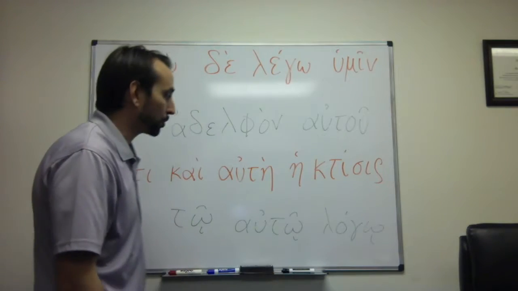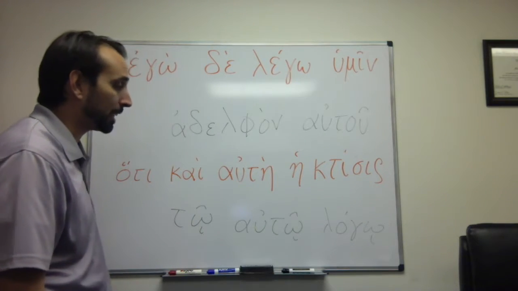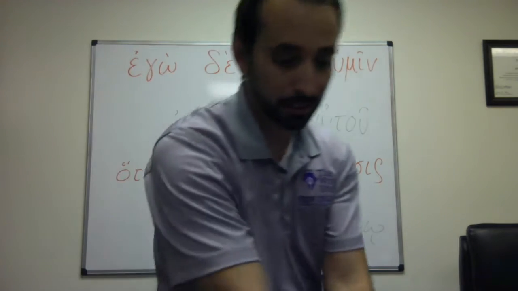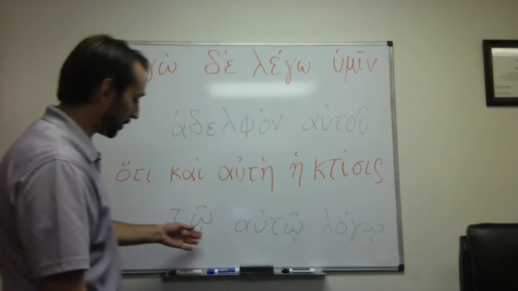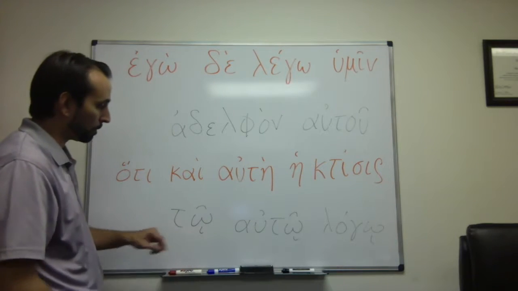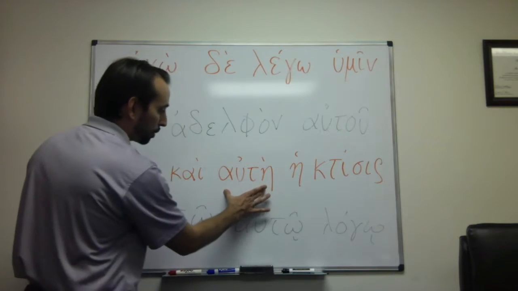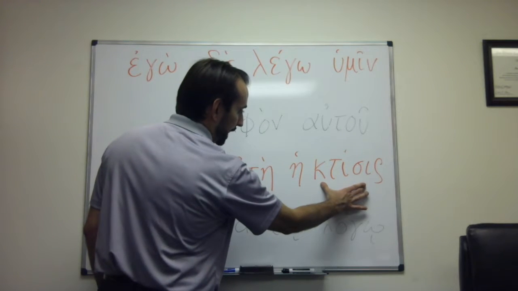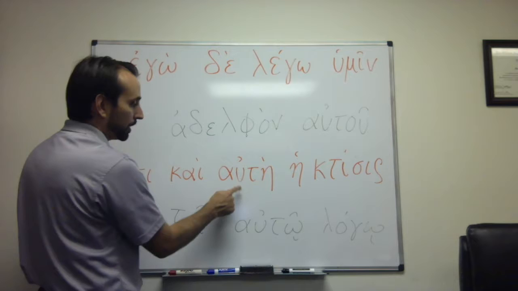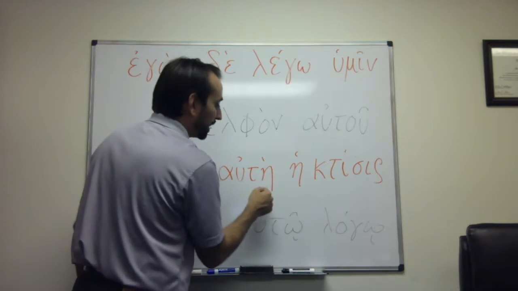Then it's translated as "the same," and it's identifying. Okay, it's identifying the word, and here is whatever the noun is. Here it's the word. So here's the thing: I've got a third person personal pronoun in concord with a noun, and it's anarthrous. It's intensification, "the creation itself."